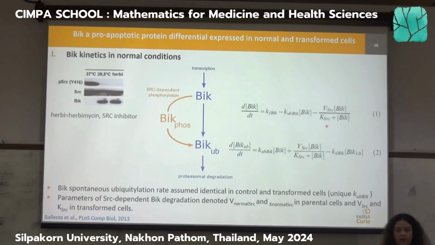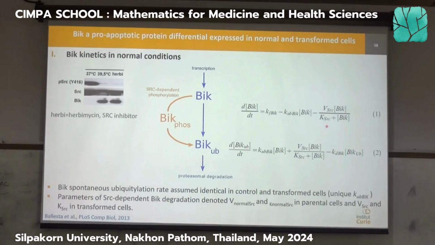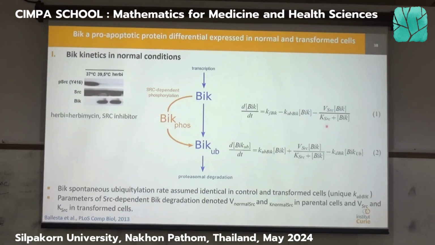normal and cancer. And of course you want this, because remember that V0 was actually K1 times E0. This is the enzyme, and this is the rate constant. So in that case, we have VSARC that is equal to some K1 times SARC, the concentration of SARC.